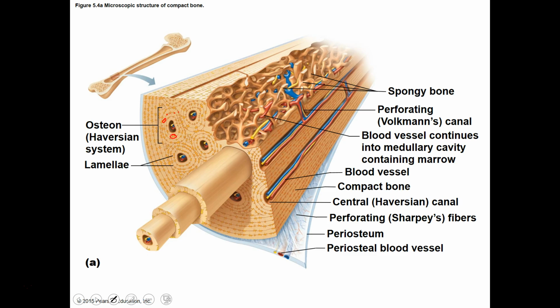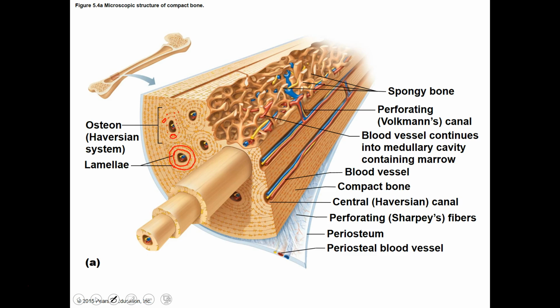And those are in a lacunae. And you can see the lamellae, which are the rings. It's pointing to these rings here, the lamellae. And within those are these lacunae, okay? That's all that's talking about.